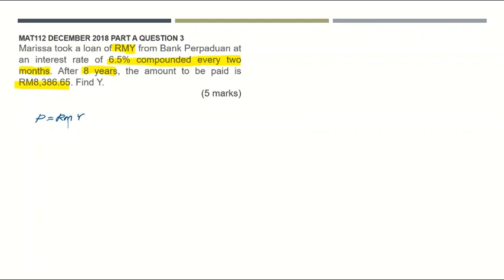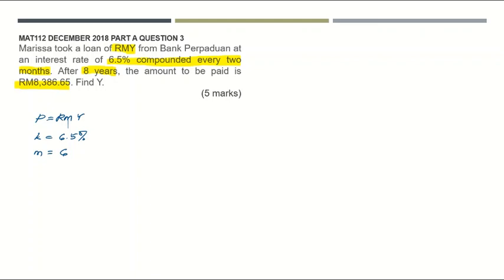The second piece of information is the interest rate. That is the nominal interest rate of 6.5%, because the rate is compounded more than once a year. So K, the nominal rate, is 6.5%, and the conversion frequency M is equal to 6.